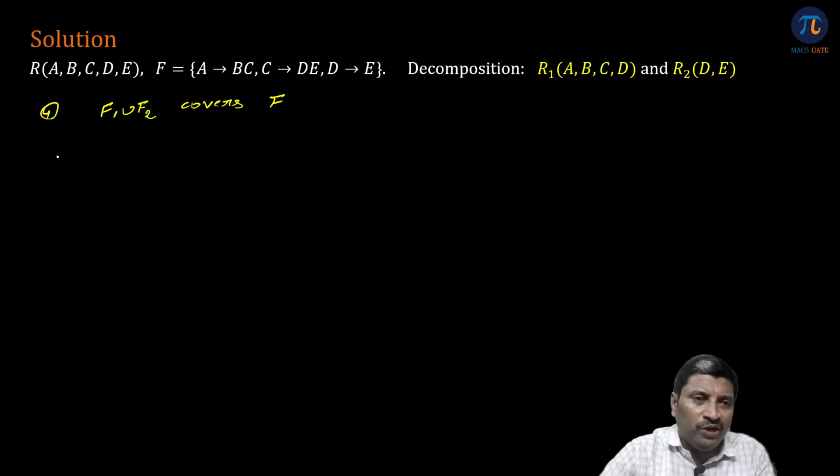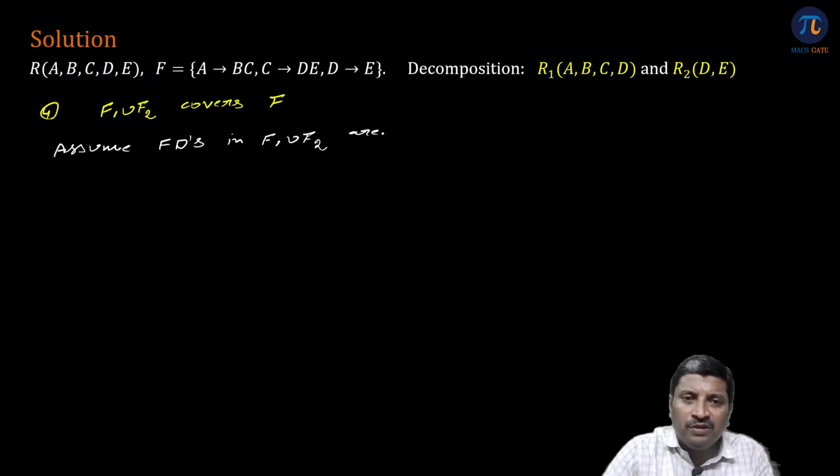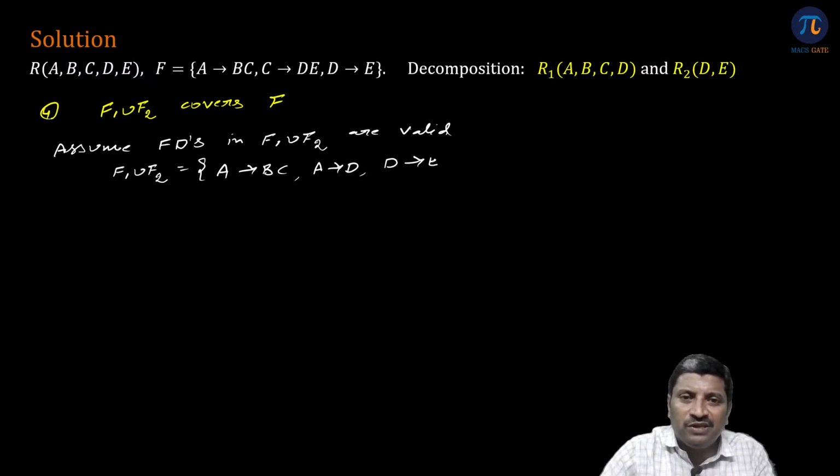For that, we need to assume the FDs in F1 union F2 are valid. That is the procedure we have done in the equivalence concept. Hope you remember it. A implies BC, A implies D, D implies E.